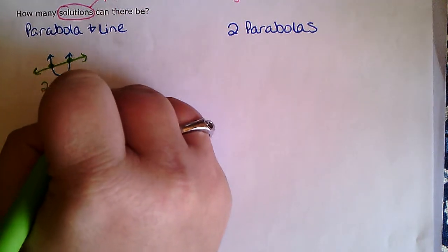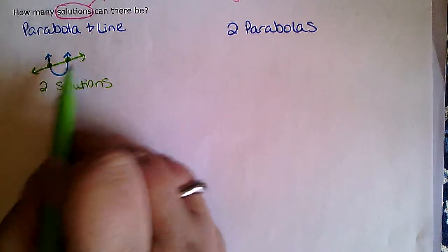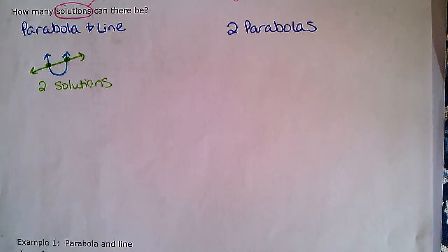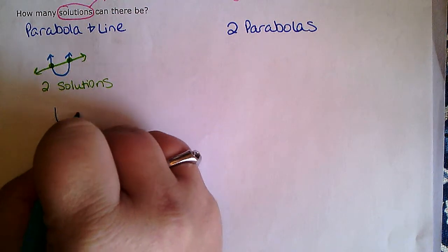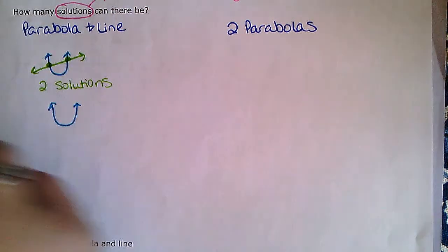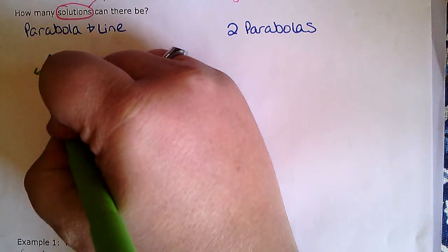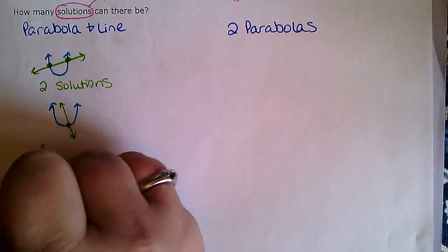Unlike back in chapter 3, when we only had lines and could only have one solution when they intersect, here with a U, we can cross it in two different places. So you can have two solutions, which is different. You can also have only one solution, like back in chapter 3, where they intersect in one spot.